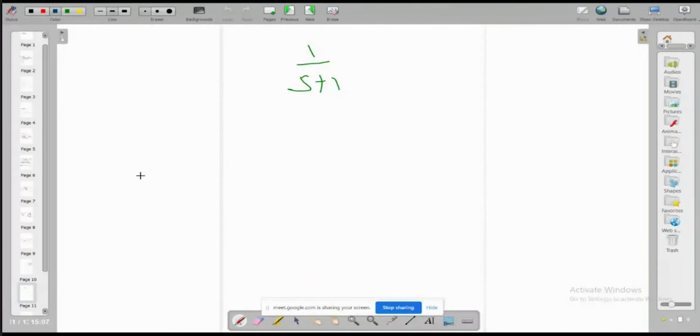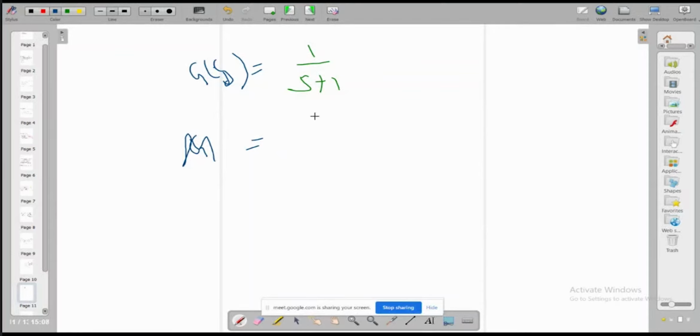Do you know how the polar plot is drawn? Take the magnitude of H, it will be 1 divided by 1 plus j omega.